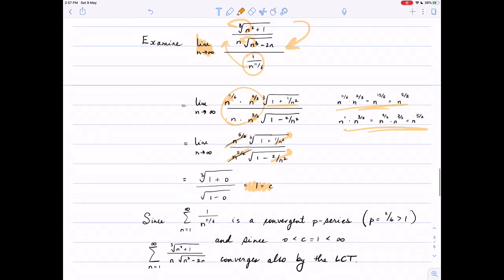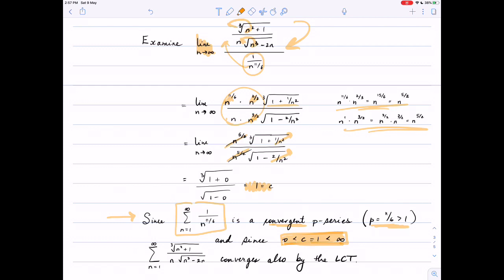So since this is a convergent p-series, convergent because its power is 11/6, which is greater than 1, and since it is so important in your conclusion to state the conditions that you have checked and why they are showing you that you have a convergent or divergent series as a result.